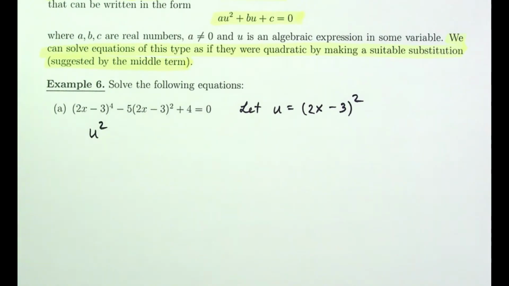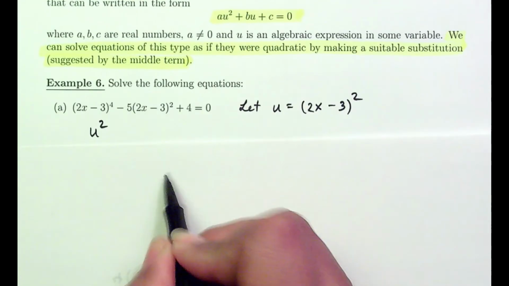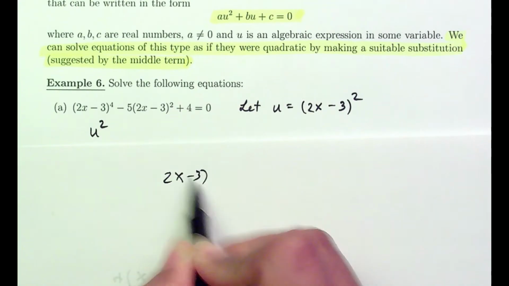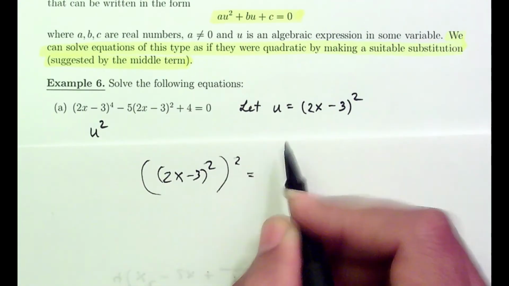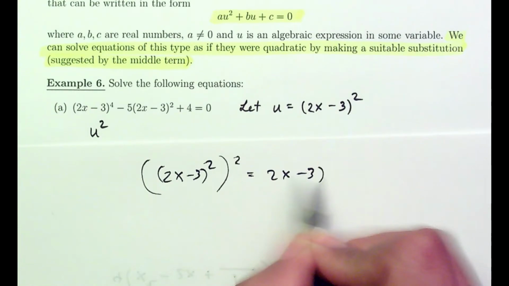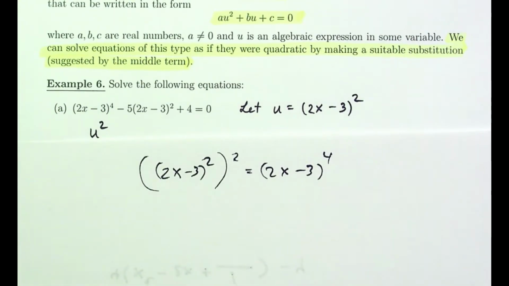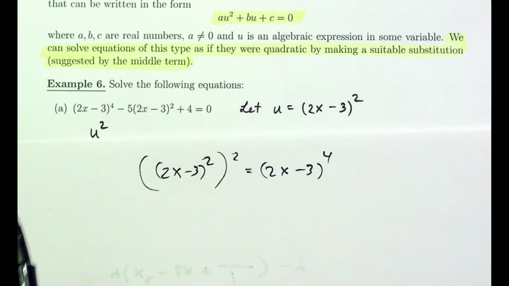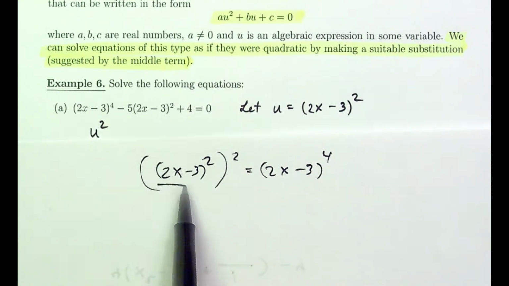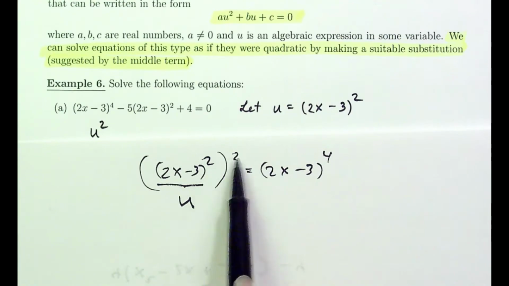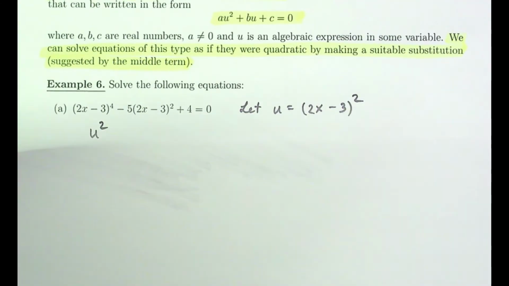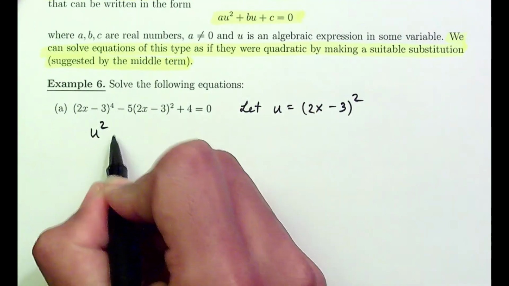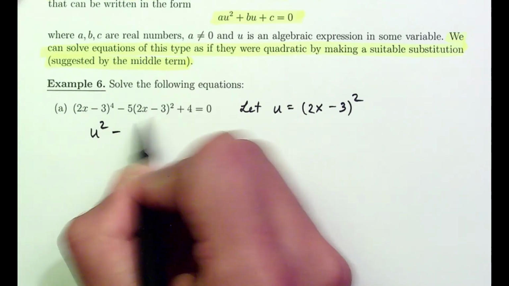Okay? In other words, 2x minus 3 squared squared is precisely the same as 2x minus 3 to the fourth, which is the very first thing I have right there. And this is u though. That's u, so that means u squared. Then the next term is negative 5.